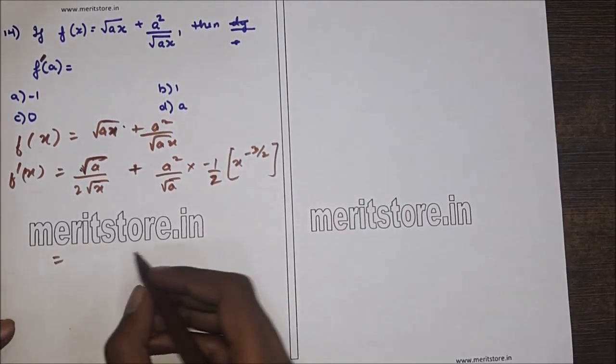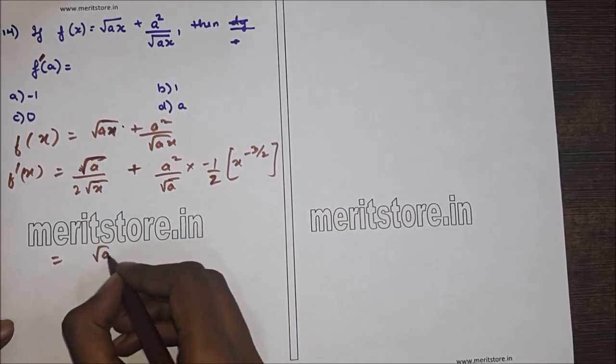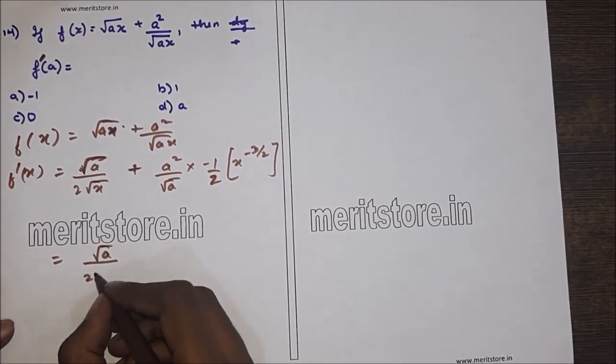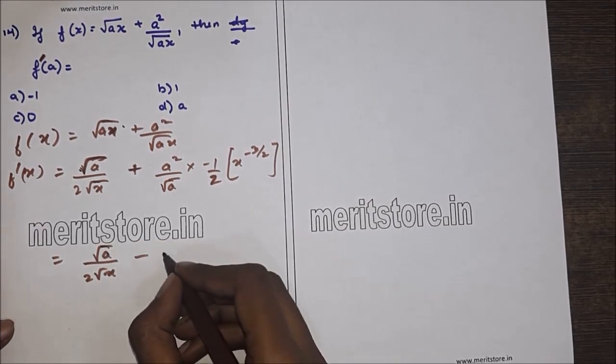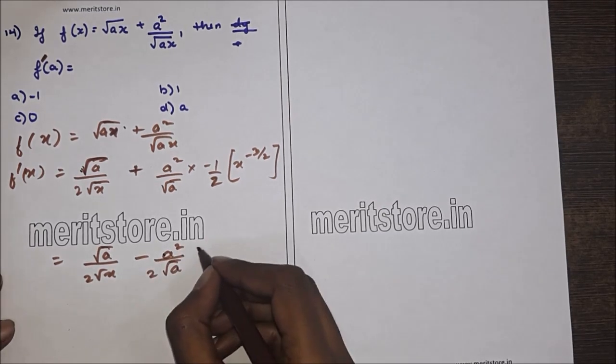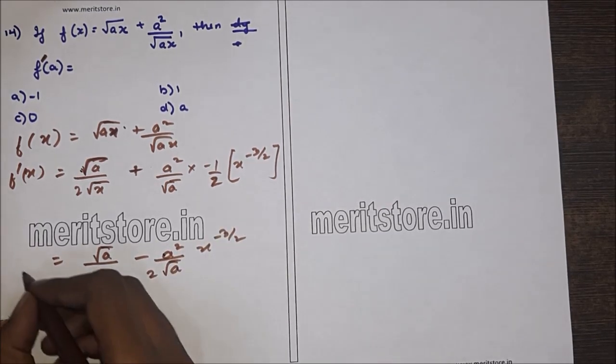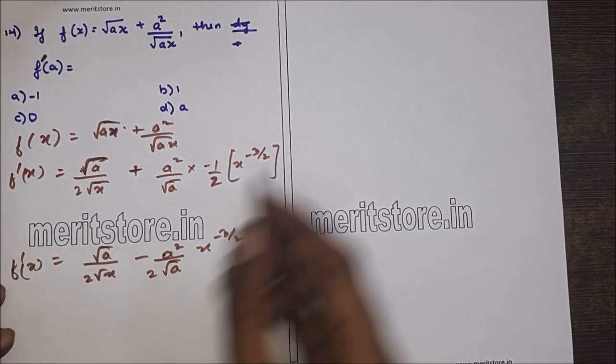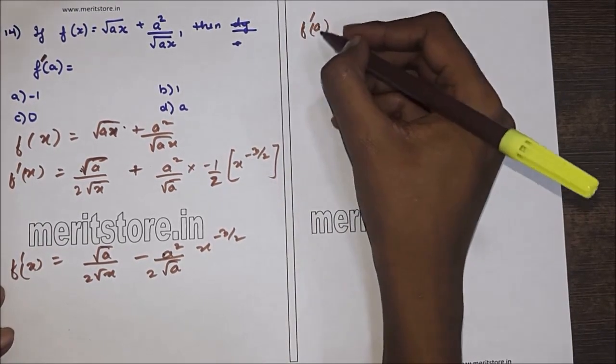This can be simplified as minus root a by 2 root x minus a square by 2 root a x raised to minus 3 by 2. This is f dash of x. Now we have to find f dash of a. So we substitute x equals a.